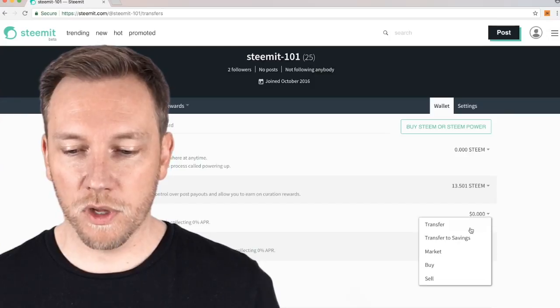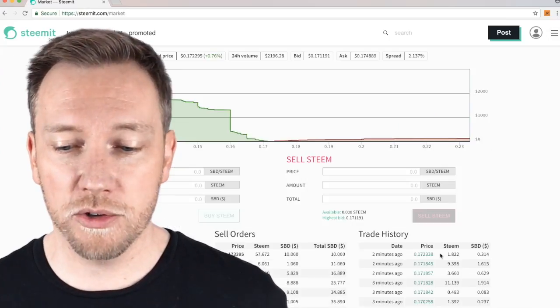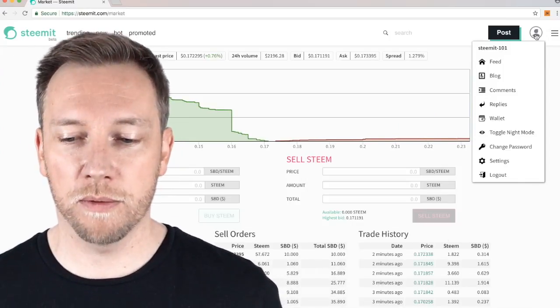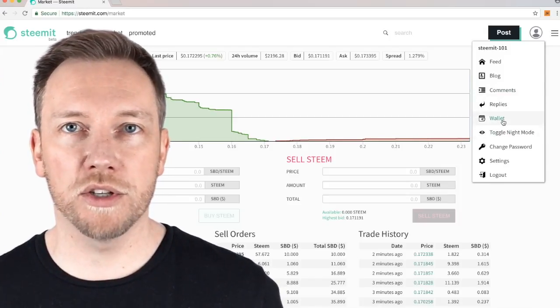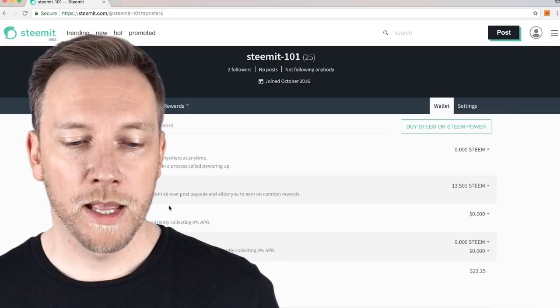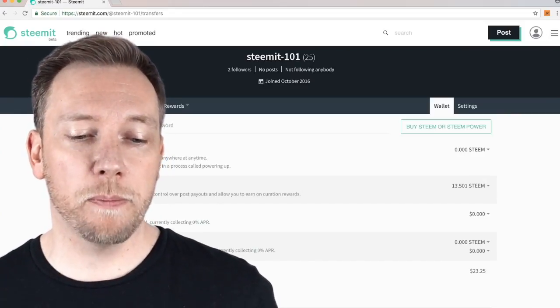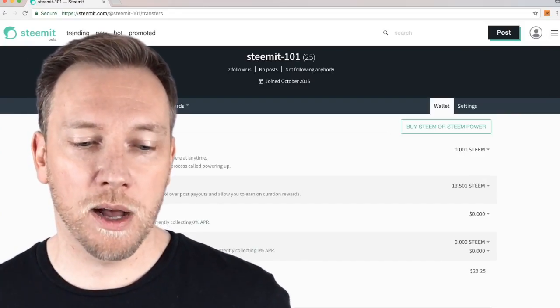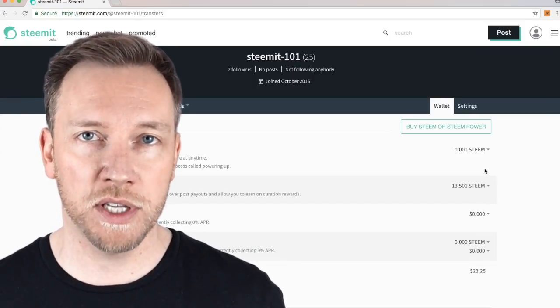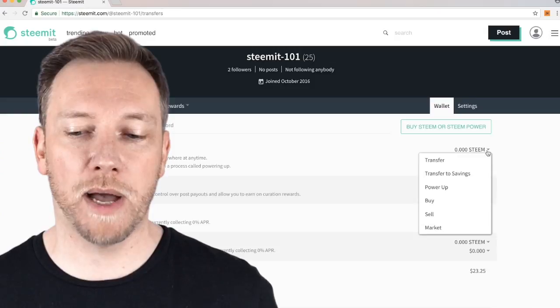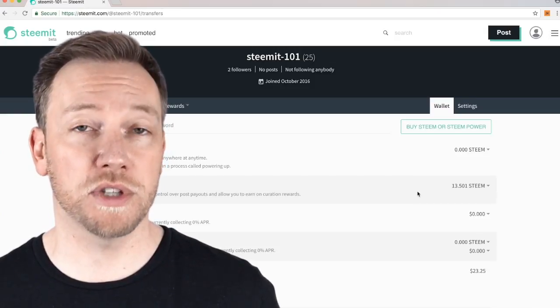And then also this takes you again to the internal market where you can sell your Steem dollars for Steem, which is something that you might want to do after you do a post, right? In order to power up your Steem after a post, if you get some in Steem dollars, you'd have to trade your Steem dollars for Steem, and then you'd have to power up that Steem into your Steem power, okay?